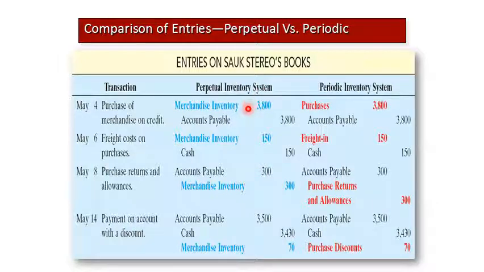So the main difference between periodic and perpetual is the name of the account of that purchase transaction. Under perpetual, use only merchandise inventory with all the transactions. But when you are using periodic, use the original name of the transaction.